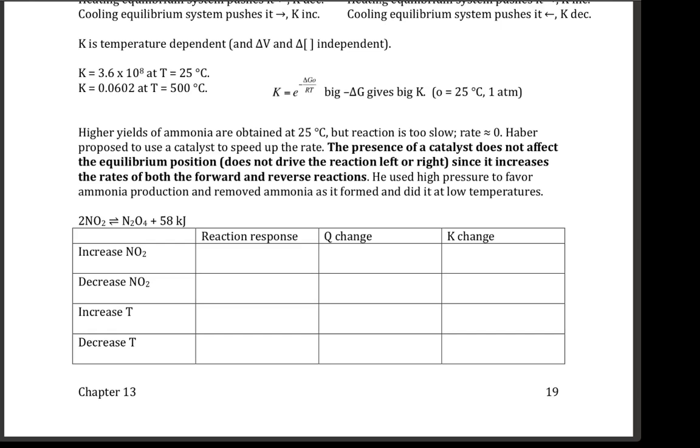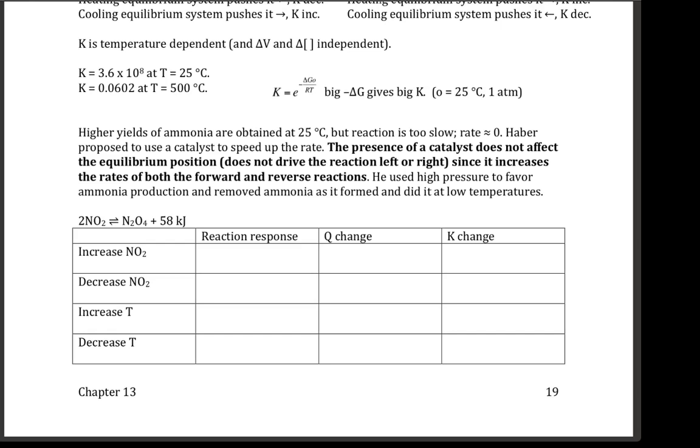If we increase the amount of NO2, that will drive the reaction to the right. If we decrease the amount of NO2, that will drive the reaction to the left. If we increase the temperature, that will drive the reaction to the left. If we decrease the temperature, that will drive the reaction to the right.